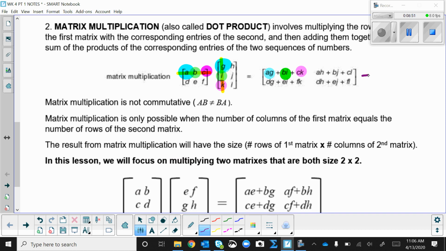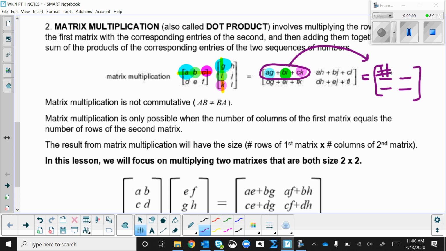And that number goes, remember I told you that our answer matrix for this was going to be a 2 by 2? So there's open spaces for all my 2 by 2. I got 2 rows, 2 columns. Whatever you get here, when you add up those actual numbers, when we're working with actual numbers, goes in the first row, first column spot.